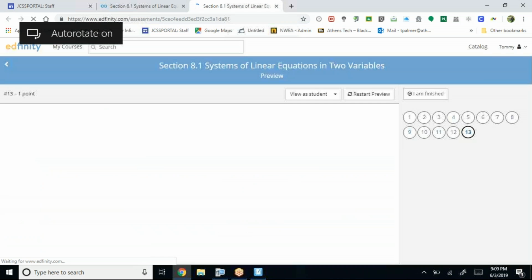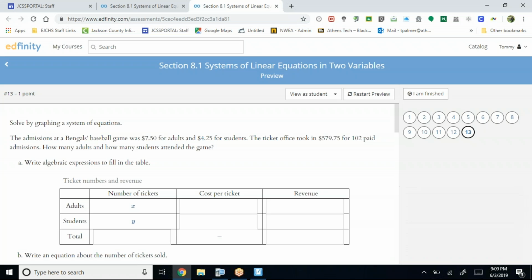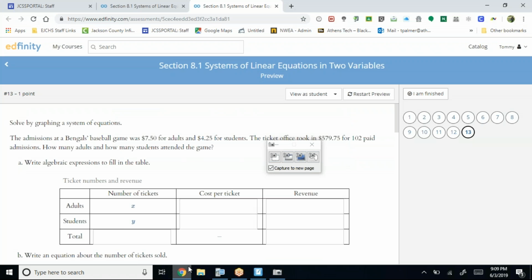Preview. What number was that again? Sorry, 13. Okay. All right, there it is. Everything else except for the ones right under revenue. Oh, okay. So back here and grab that. Then get back over here.